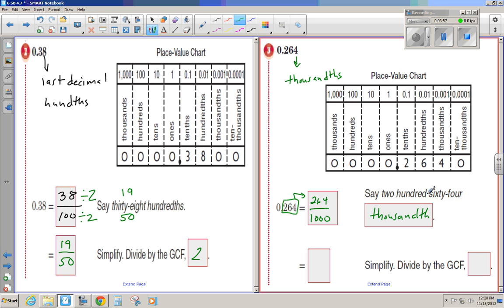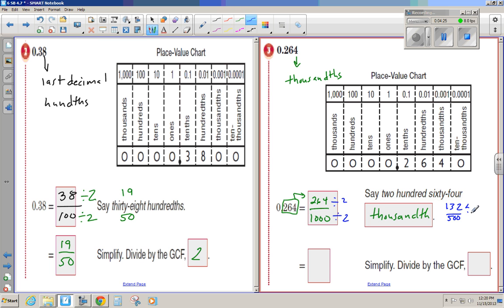Alrighty, so now we have to divide by the greatest common factor. Well, I do not know what the greatest common factor is for those. You could find it using a factor tree if you wanted. But I'm going to go ahead and notice that they're both divisible by 2. So 1,000, that's 500. Half of 264 is 132.